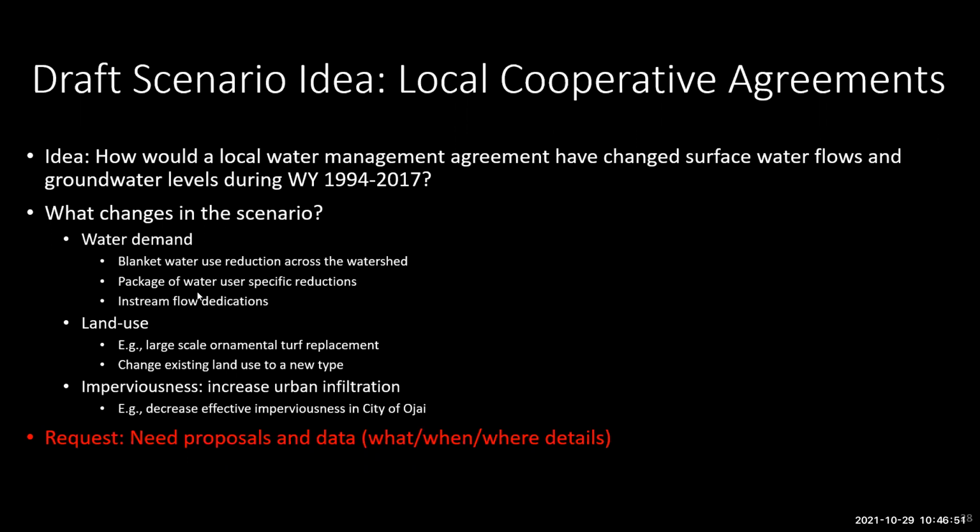But anyway, I only bring it up at this time because I know that there still remains strong interest to work with the State Water Board on how these types of voluntary programs could be designed in a way that connects different aspects of the annual water budget in the watershed.